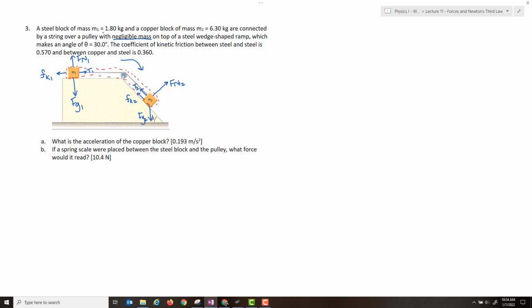So we'll start with Fg1. They tell us that the mass of object 1 is 1.8 kilograms. So Fg1 would be mass 1 times gravity, which is 1.8 times 9.81.